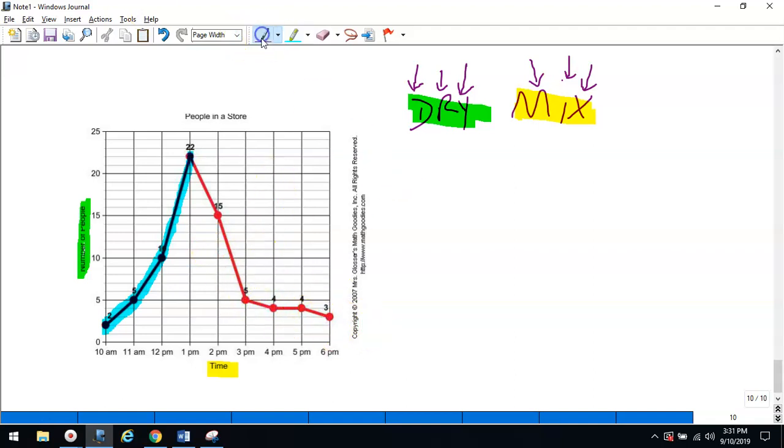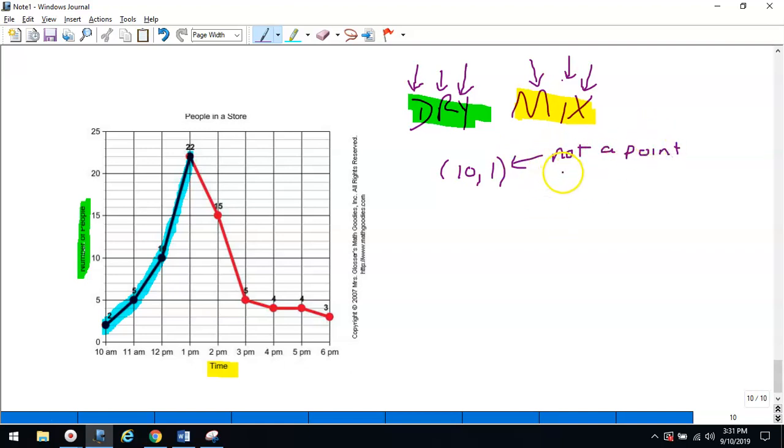So the times that it is increasing is from 10 a.m. to 1 p.m.